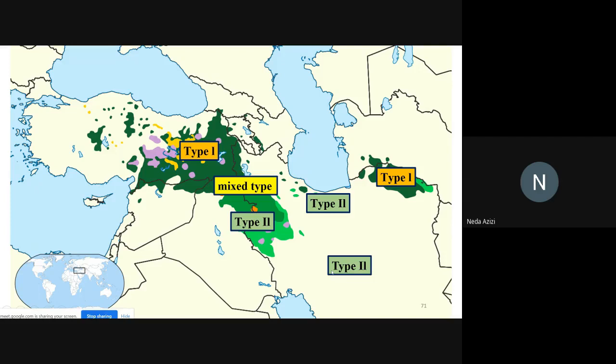And the mixed type, especially the Mukrian region, shows that these Kurdish varieties can be considered as a bridge between these type 1 and type 2 forms, and it is like a transition zone of change between these 2 main varieties, basically.